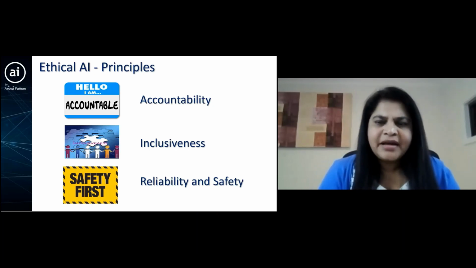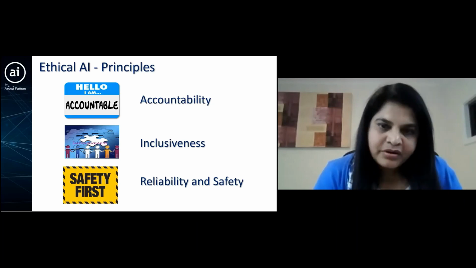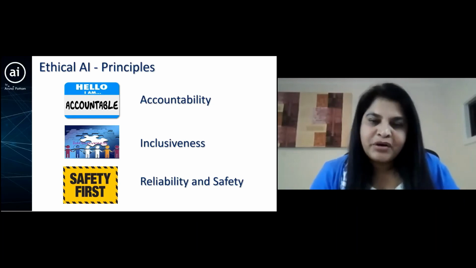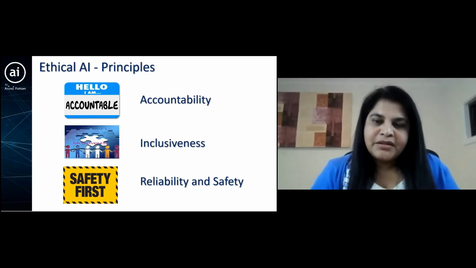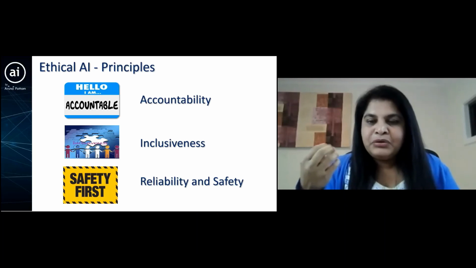The other one, reliability and safety. We need to make sure the AI that has been built and implemented is reliable and safe. Reliable in the sense that the model is meant to predict certain things, but when you implement it in production, as time goes, there is a tendency for the model to lose its accuracy.